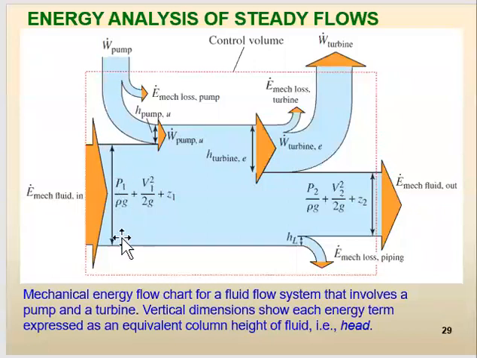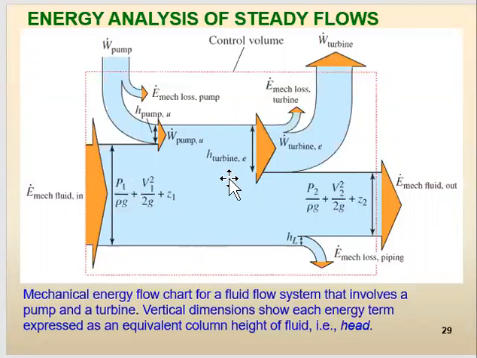At point 1, we have these 3 terms: pressure term, or flow work term, energy as a result of flow energy, kinetic energy, and potential energy. If you install a pump, basically you're adding some extra because pump adds mechanical energy to the system. So it adds to these lines.